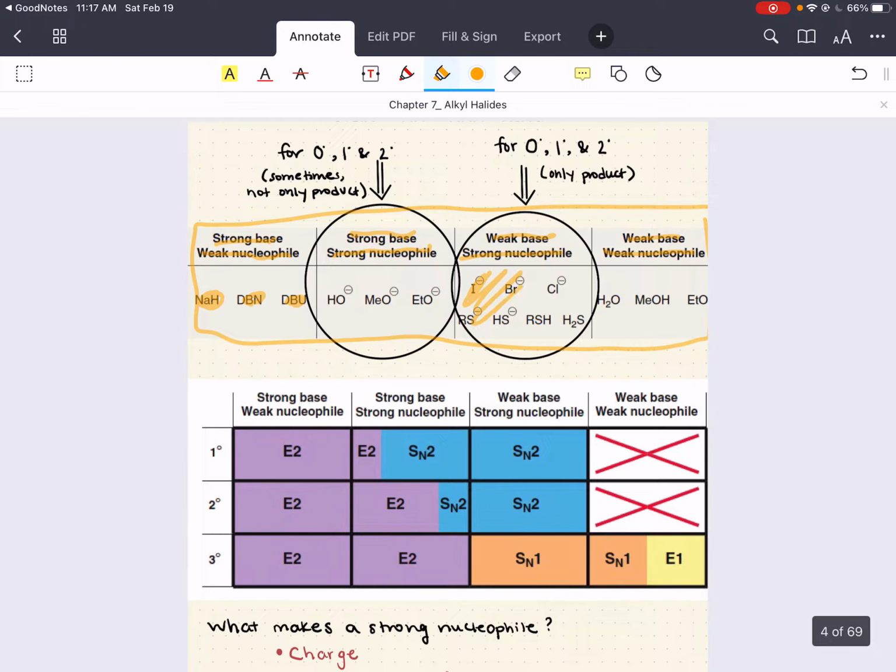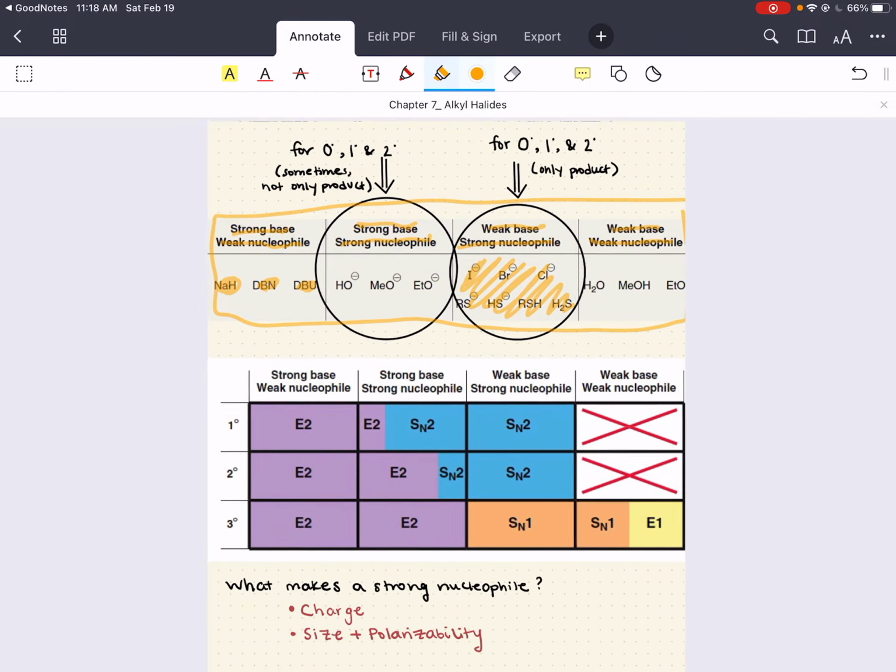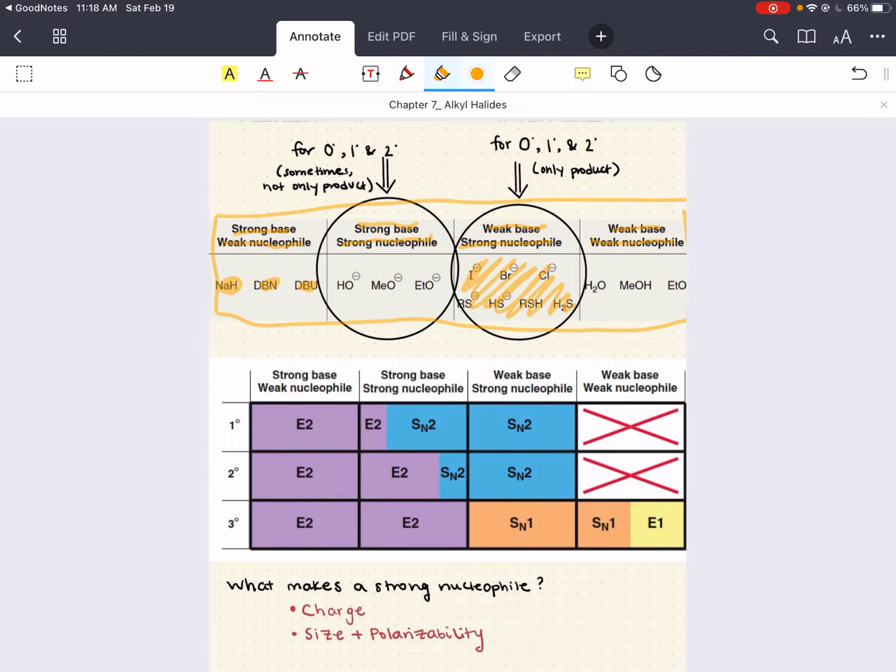So we can go into this category and we can see a bunch of strong nucleophile, weak bases that will initiate an SN2 reaction. And being able to recognize these nucleophiles and bases is important for figuring out what you need for what specific elimination and substitution reaction. We're going to come back to this chart every time we learn a substitution or elimination reaction.